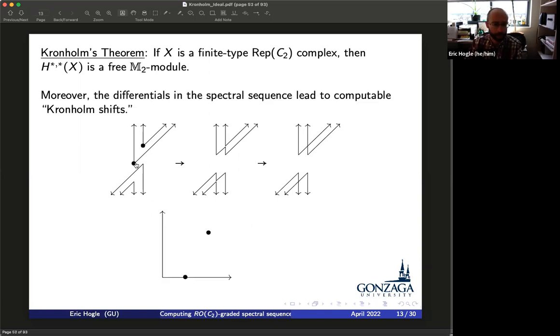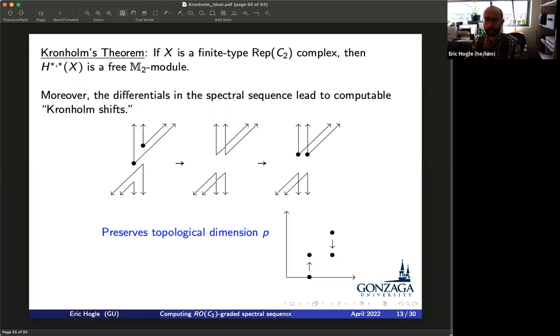And what happened here, if you look at just the generators of what we started with, when there was this differential that made them interact, they moved. And we ended up with one moving up and one moving down. This is called a Kronholm shift. And these Kronholm shifts preserve topological dimension. If things move up and down, their topological dimension along this p-axis doesn't change.